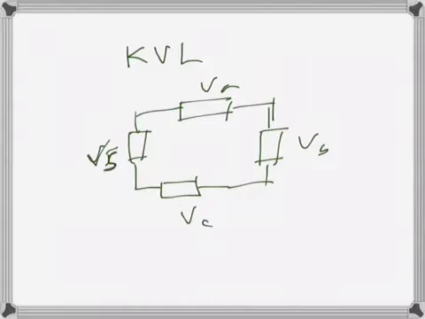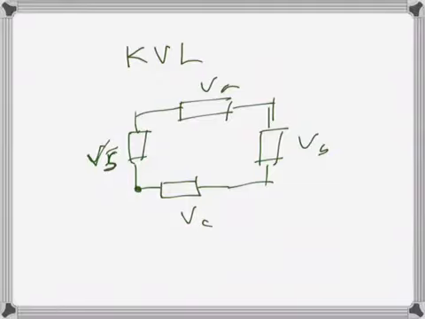What Kirchhoff's voltage law says is, if we start from one point in a closed loop, the algebraic sum of voltage drops will be equal to 0.